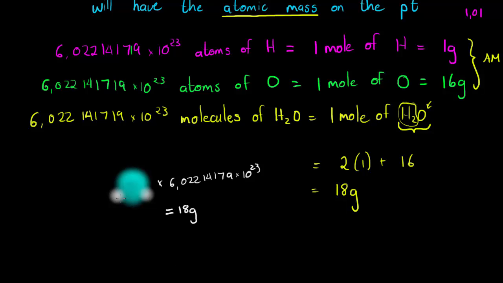Why? Because there will be 2 moles of hydrogen, which is 2 grams, and 1 mole of oxygen, 16 grams, so the total would be 18 grams. It is literally basic addition and multiplication, so it's really not very difficult.